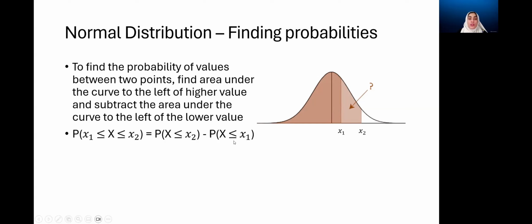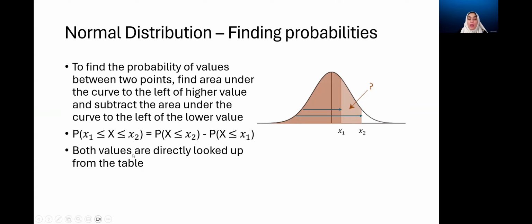When we do this subtraction, we get this area, which is lightly shaded here. And this is the probability of having an x value between x1 and x2. Of course, these values we can look up directly from the table, and we use these to find the area between them.